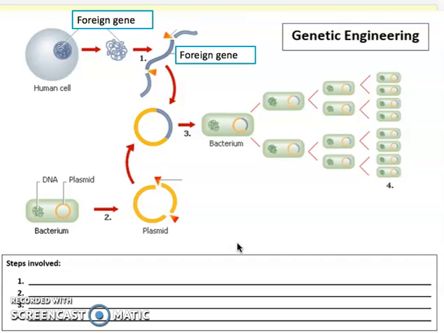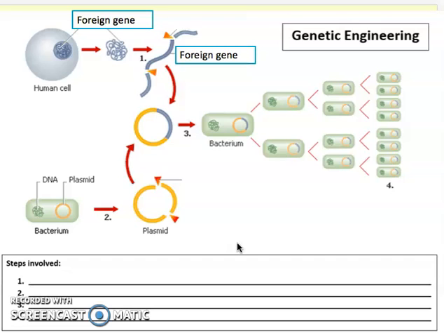So one bacteria quickly becomes 2, 4, 8, 16, 32, 64, 128, 256, 512, 1024. Every single one of those bacteria made through asexual reproduction will actually have the ability to make insulin.